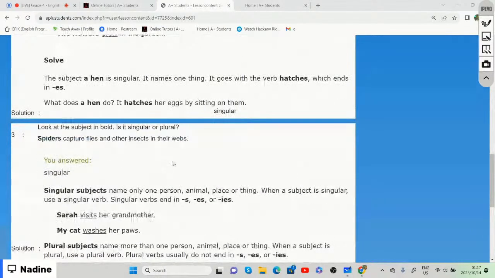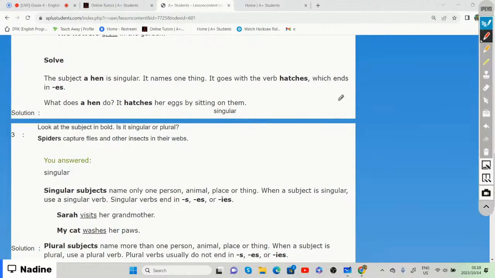All right. Spiders, they capture flies and other insects in their webs. So is spiders singular or is spiders plural?